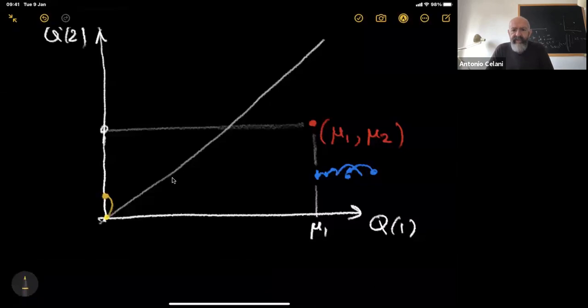And I find myself in the uppermost part of the graph. What do I choose now? Well, I choose action 2 because I'm in the upper part of the graph. And so I will go on and play action 2 all the time.